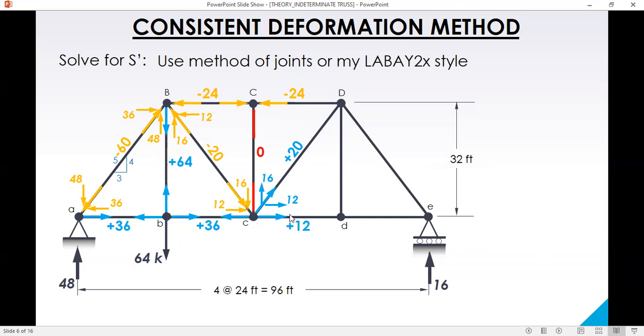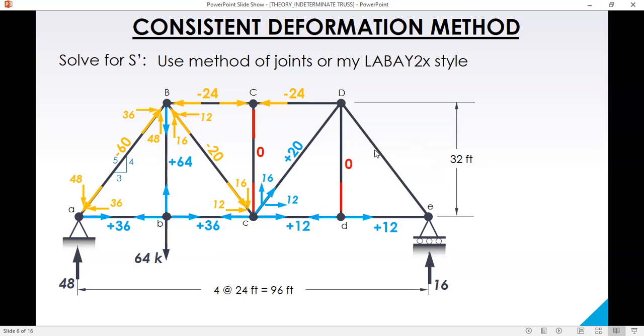After this, move to joint D, positive 12. This force will be balanced by DA, positive 12 also. And this one, since there is no vertical force except this member, so 0 sad.